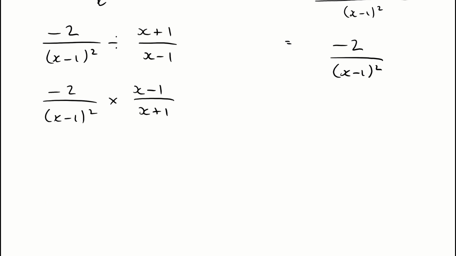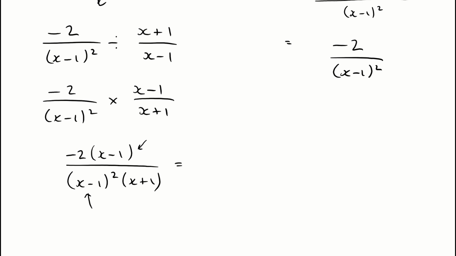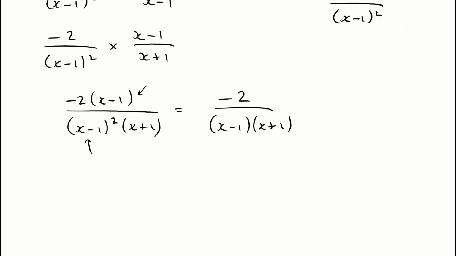So I actually end up with -2 lots of x minus 1 over x minus 1 squared times x plus 1. And so I can cancel out one of the x minus 1s from the numerator and the denominator, and I get -2 over x take 1 times x plus 1 as my final answer there.